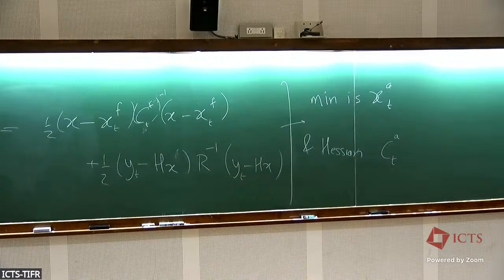If instead of doing this at a fixed time, you do this over a whole range of time, with observations over a time period, T1, T2, T3, T4, then you need to know how the covariance CFT that I wrote down there changes with respect to time. And that's where the 4D-Var versus 3D-Var, which I mentioned earlier, came in. So the variational methods are basically minimization of cost functions of that form with observations that depend on time.